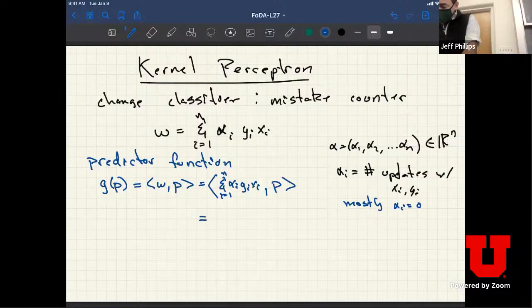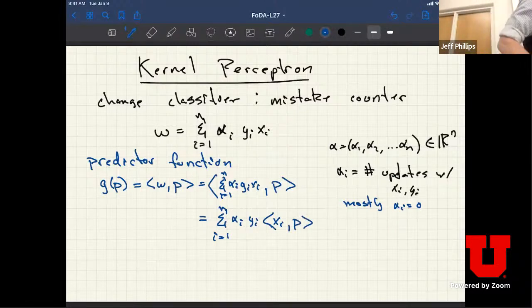This is going to be equal to, I can move the sum outside as well as the scalar alpha_i and y_i, and what I'm left with is x_i and p. So this is the same predictor function we had before. I've just rewritten it differently, and now I've written it explicitly with the mistake counter.